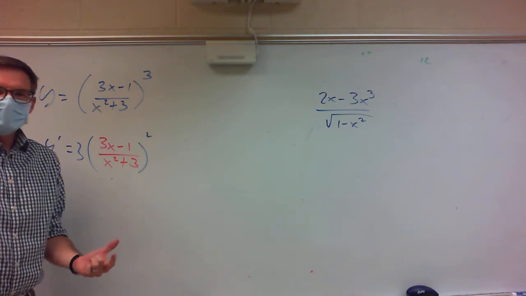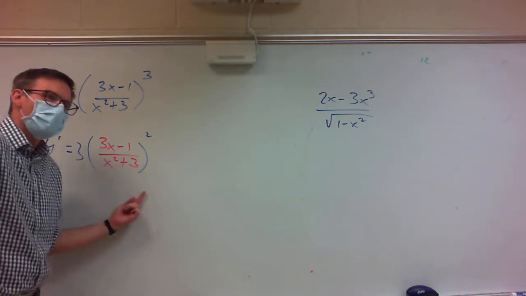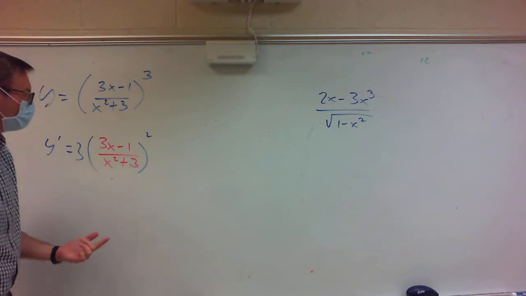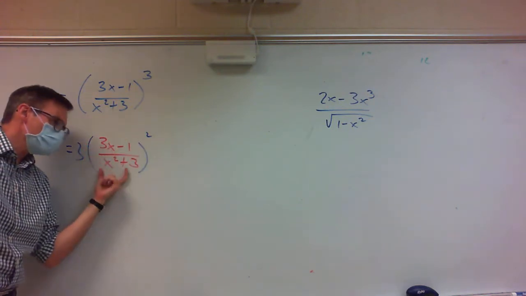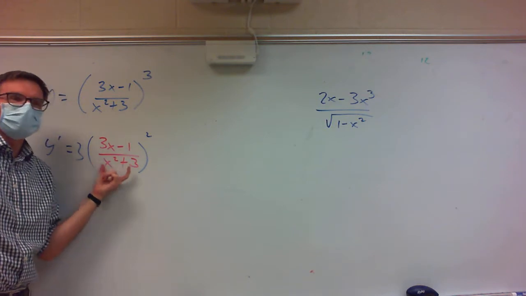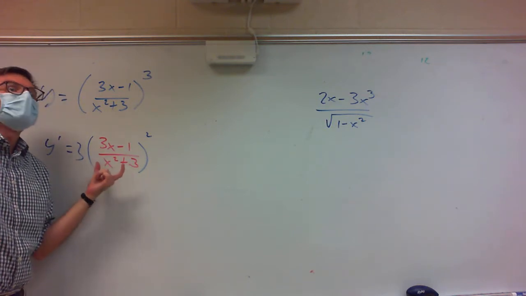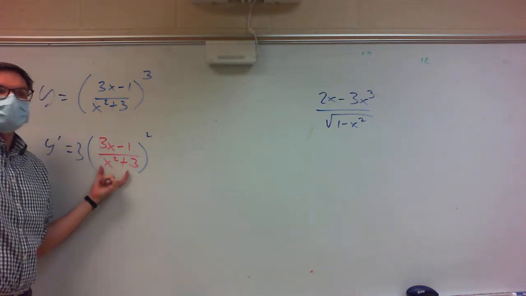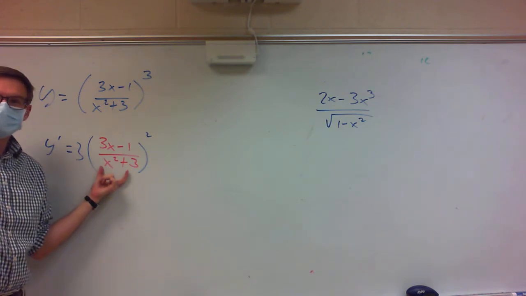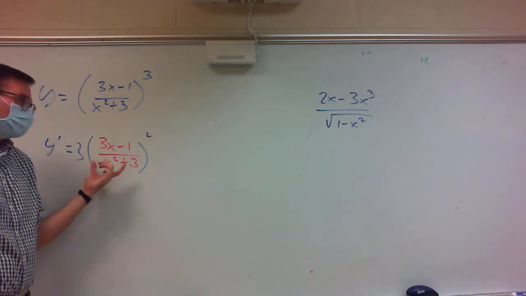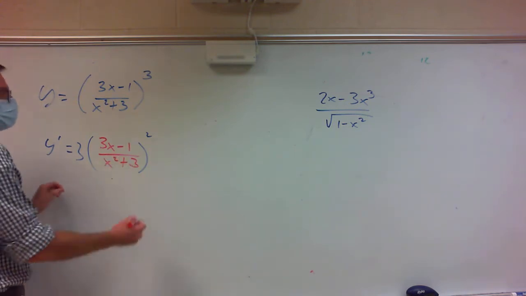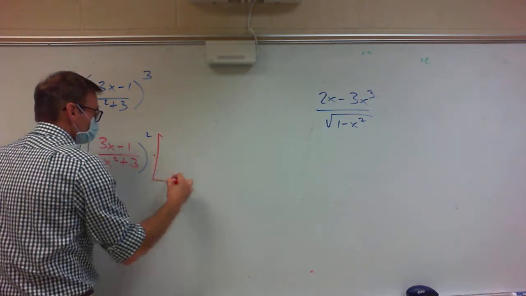And anytime you say the word stuff, that means you're going to use chain rule. So when I say 3 stuff squared, chain rule means I have to take the derivative of the stuff. And guess what I get to use here? Quotient rule. You're stuck. You have to use quotient rule.